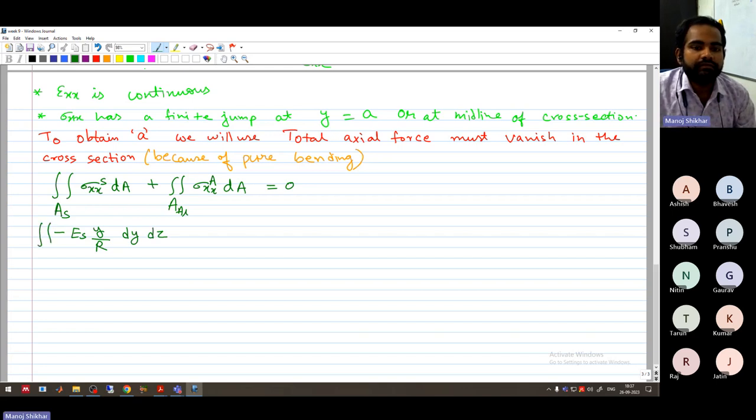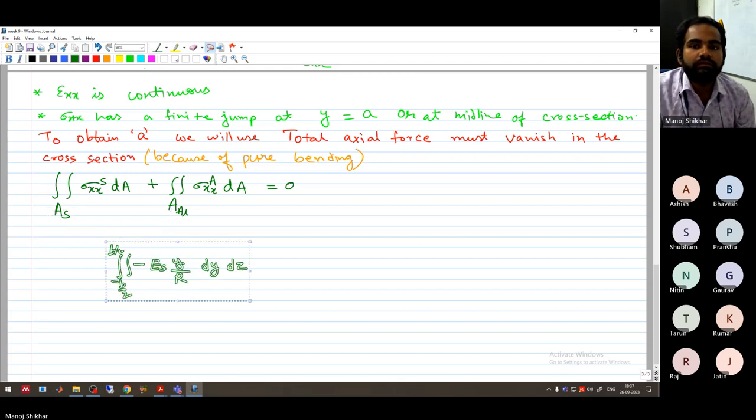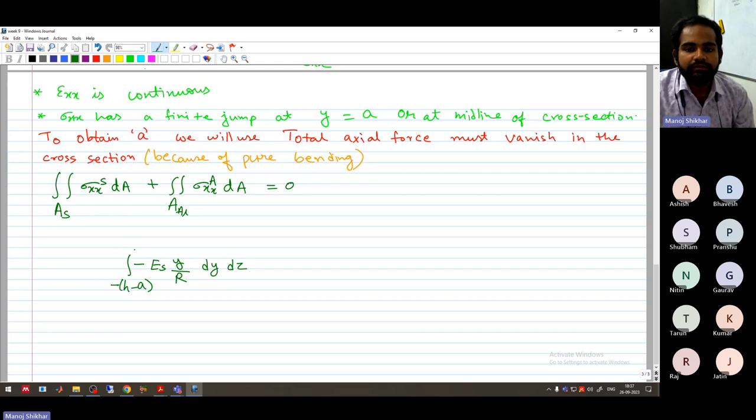The limits for y are minus h minus a to a, and the limits for z are minus b by 2 to b by 2 for steel.